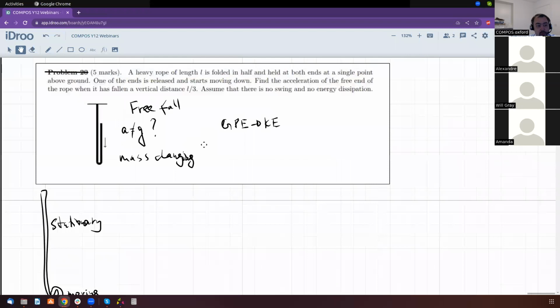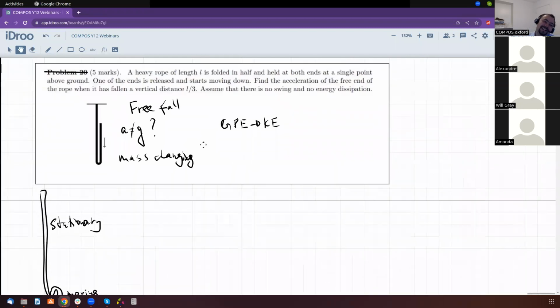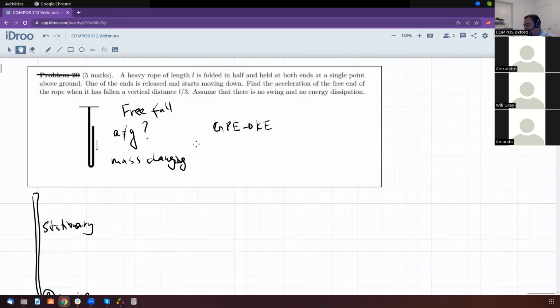Whips, yes, whips. Yo-yo. Well, yes and no. In a yo-yo, the string is very light. We're talking about a heavy rope. The yo-yo is much heavier than the rope. Bungee jumping. In a bungee jump, a person is attached to a heavy rope, which is falling. So yeah, this is a bungee jumping question.